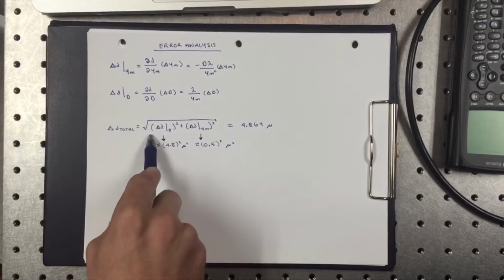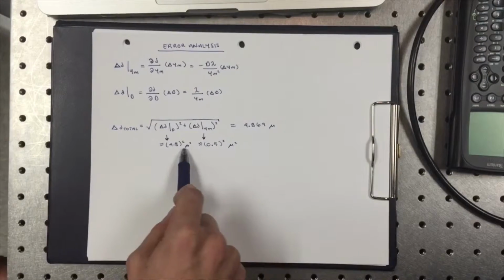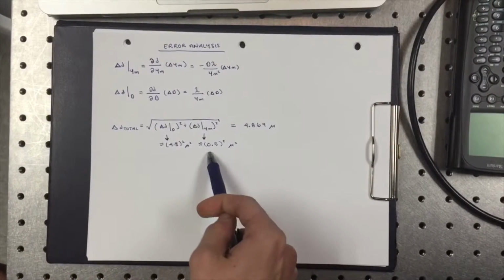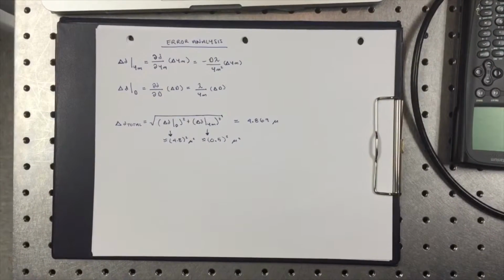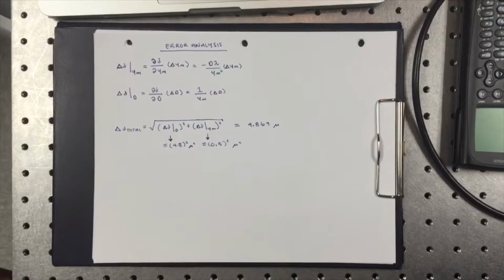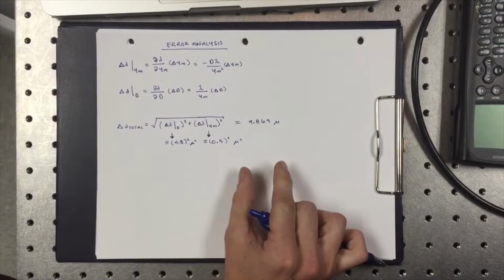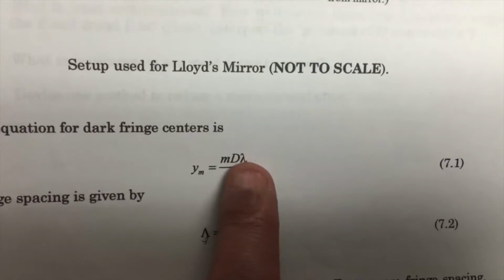The total error was propagated using the root sum square method, and our error in our y sub m value was much smaller than our error in our D value, which makes sense because our dark fringe spacing should be on the order of microns. The variable that has the most error is large D.